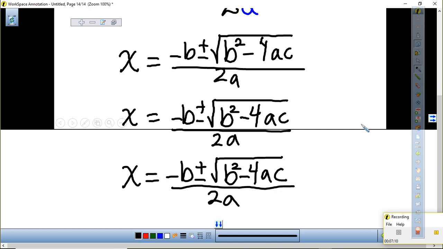On 3. 1, 2, 3. X equals minus B plus minus square root B squared minus 4AC over 2A. You got it? All right. Turn to your neighbor and let them know the quadratic formula without looking at your notes, please.